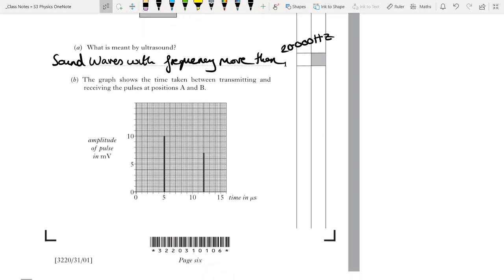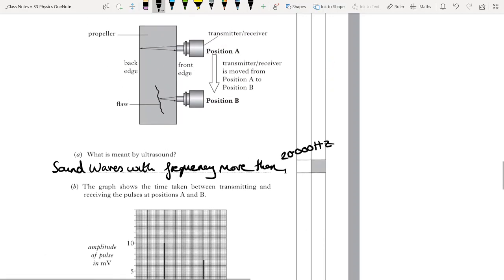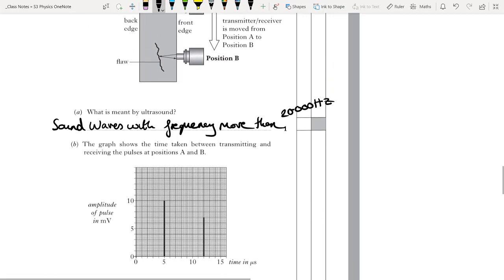Now the next stuff is just sort of analysing the question correctly. This is the most difficult part of this question. So the graph shows the time taken between transmitting and receiving at points A and B. The time taken in B will be shorter, the smaller time, won't it?